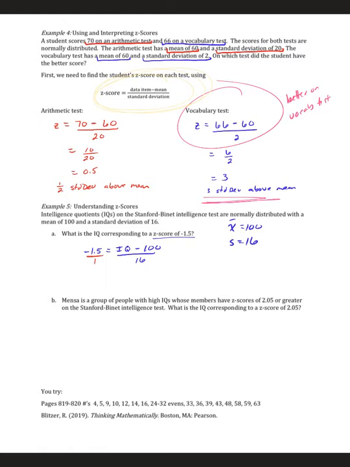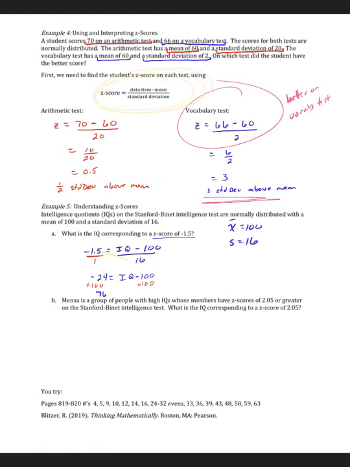Negative 1.5 times 16 leaves us with negative 24. And now we multiply 1 by IQ minus 100, so we just say IQ minus 100. The last thing we have to do is add 100 to both sides. So negative 24 plus 100 leaves us with 76.